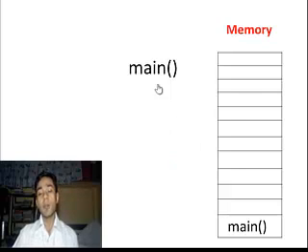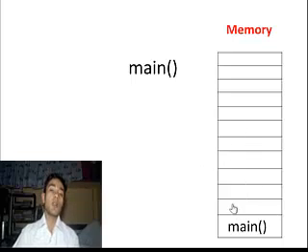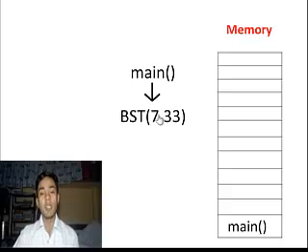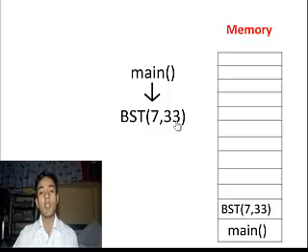When a method is in the memory, the local variables and the information associated with it will also occupy the memory of the computer. So this main method will call BST(7, 33), and this BST(7, 33) will occupy space in the memory.